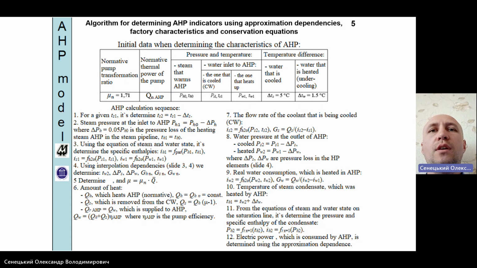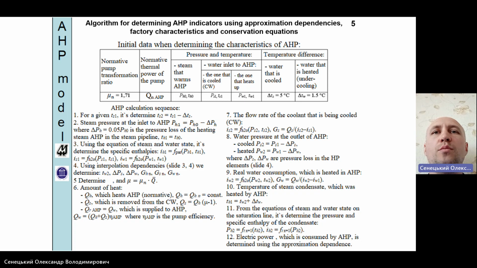The calculation is carried out using a software package developed by the Anatoly Pidgorny Institute of Mechanical Engineering Problems, NAS of Ukraine. It is based on a set of balance equations when constructing a heat scheme in the form of components and connections between them. This software package has been improved by adding an algorithm for determining AHP indicators using approximation dependencies, factory characteristics, and consideration equations.